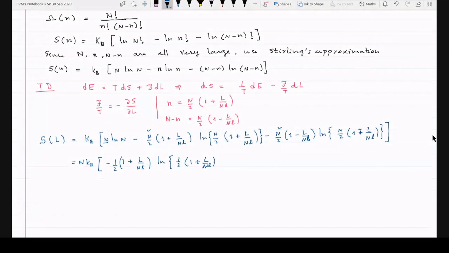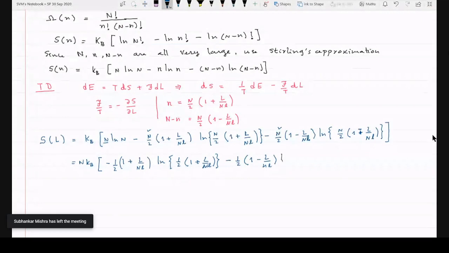This term is there, minus 1 by 2 into 1 minus L by NL logarithm of 1 by 2 into 1 minus L by NL.